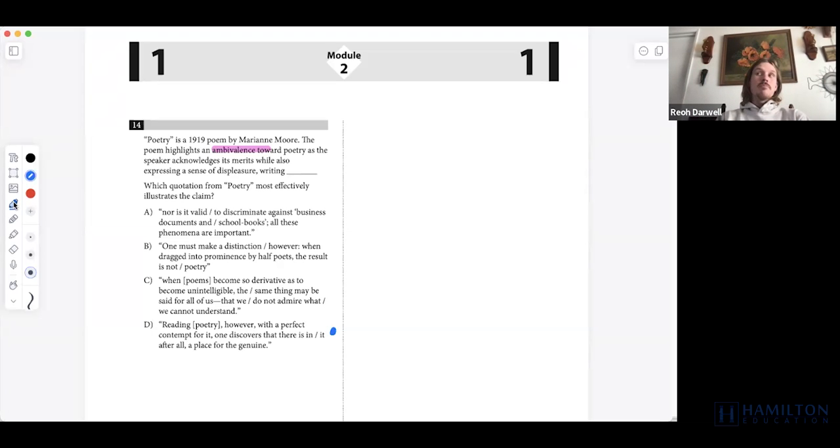Ambivalence is when you're on two sides of feeling. You have a positive and a negative, right? So ambivalence can mean having no strong feelings, unsure of whether you're positive or negative, or having mixed feelings, one positive, one negative. You're on both sides of the fence.